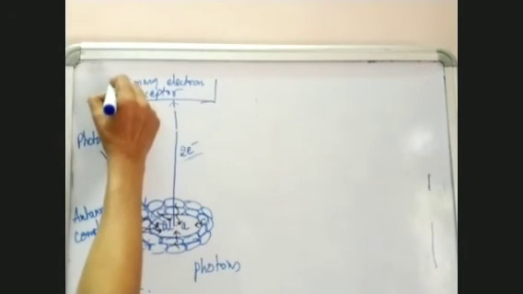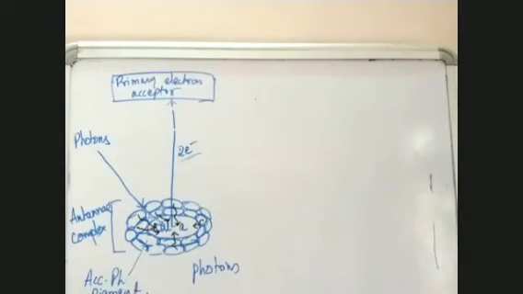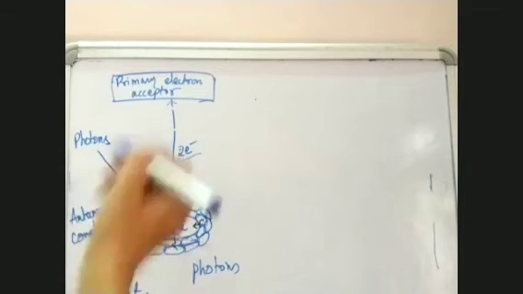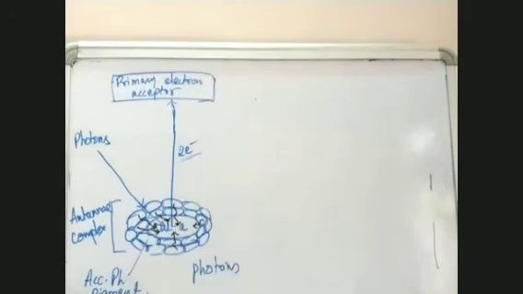That is received by the primary electron acceptor, and then it passes it to various other acceptors, and then finally it forms ATP, NADPH, and then it comes to the normal level.